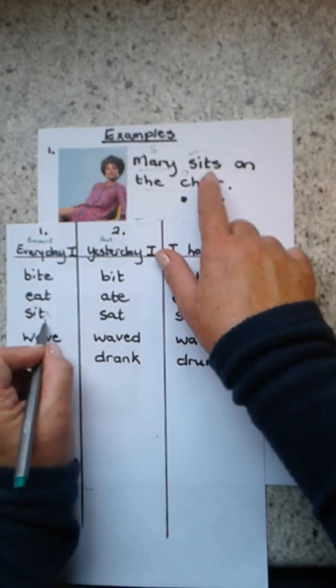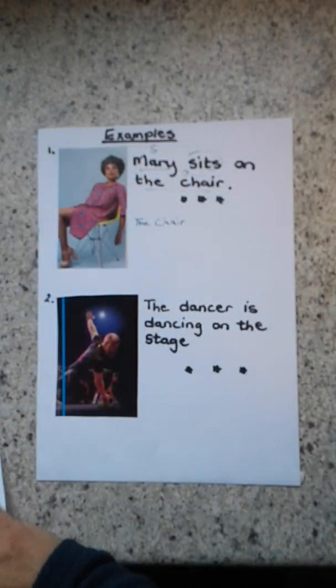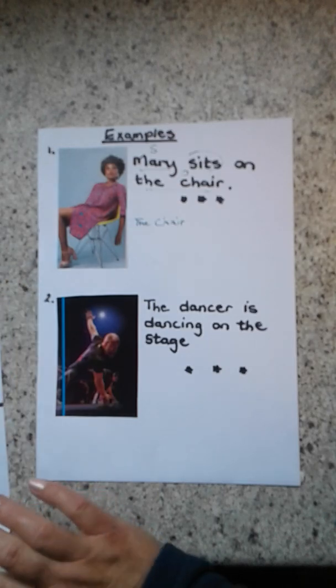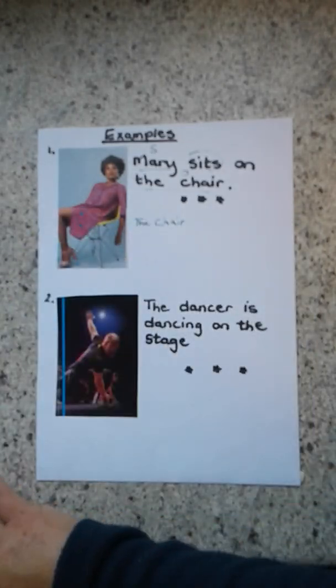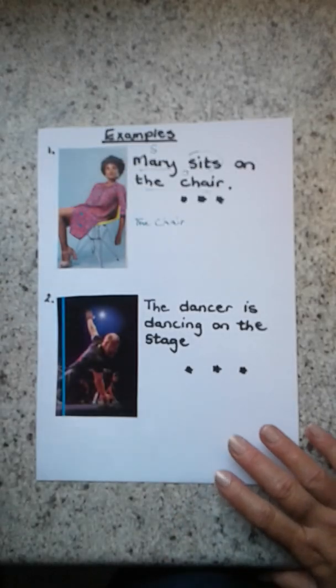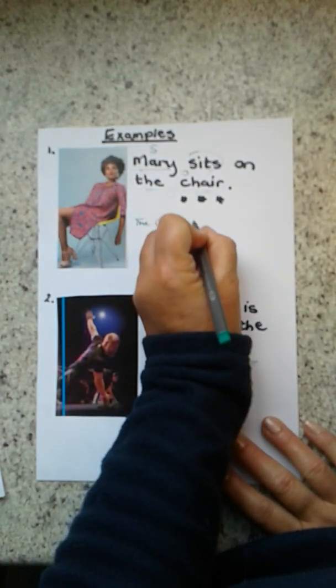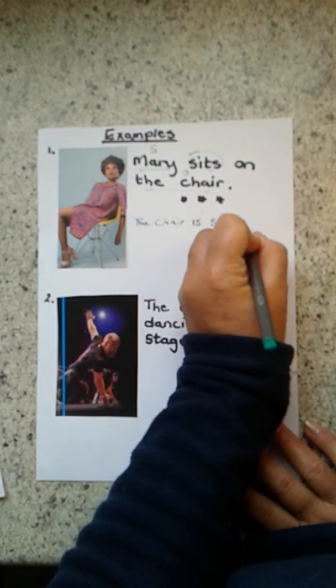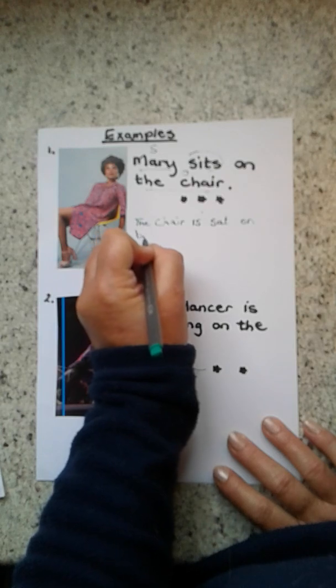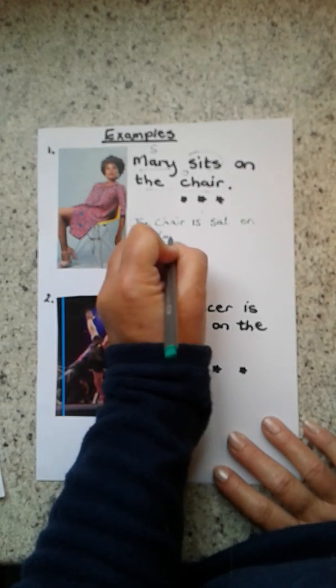Okay, so it's present. So I need to use one of my present words, am, is, or are, with the word sat. So the chair, one chair, is sat on by Mary.